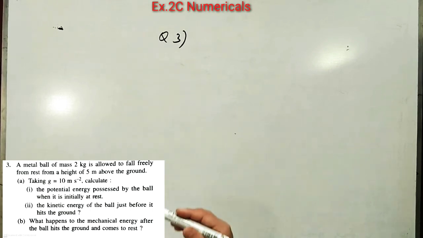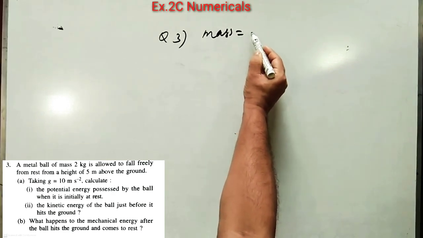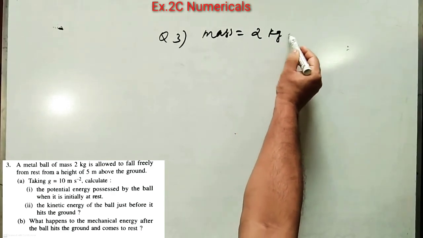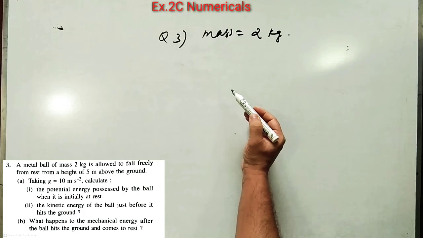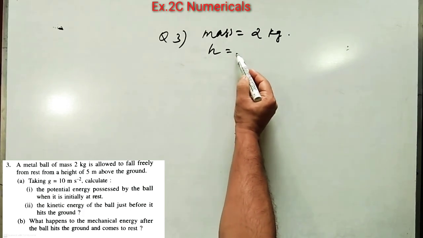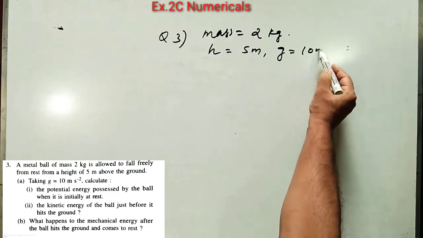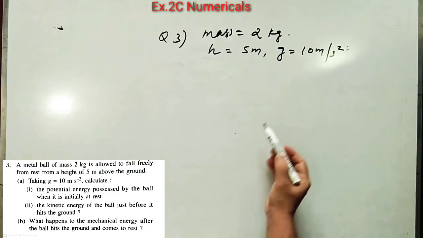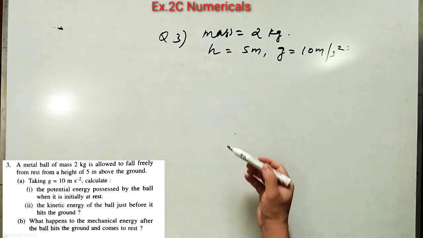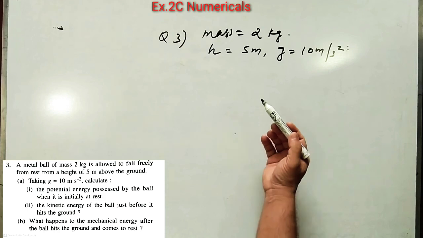So let us write the data as given there. Mass of the ball is given as 2 kg. It is falling from a height given as 5 meter. The value of g is given as 10 meter per second square. So it's a free fall of a body. When the body is resting at a certain height, it has some potential energy.